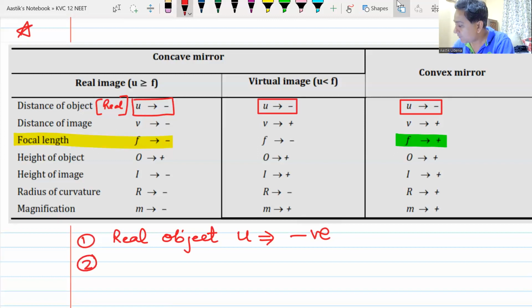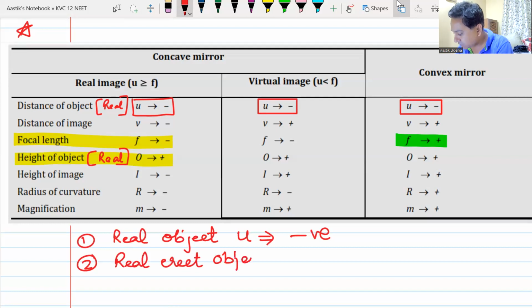Point number 2, which I'm again going to highlight, height of an object. And normally the object is erect. So for a real erect object, if the object is erect, the height of the object will be positive.